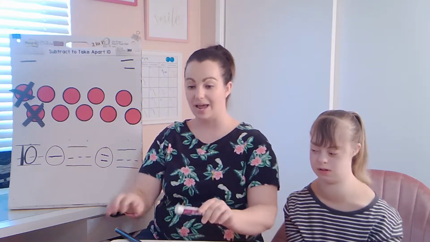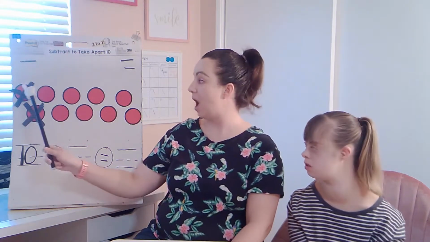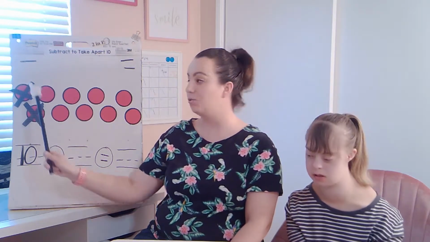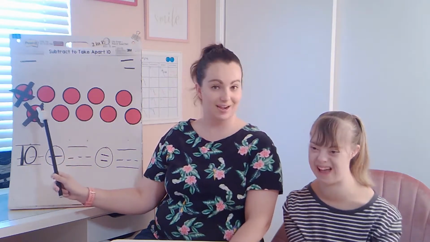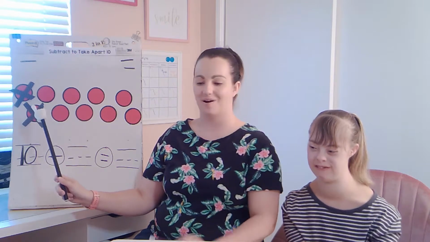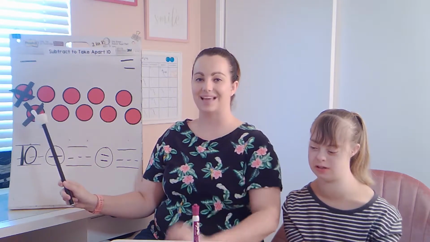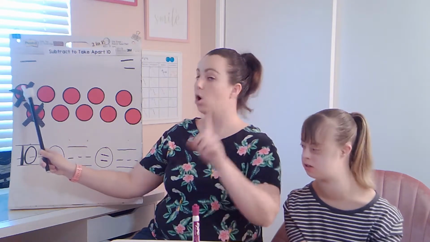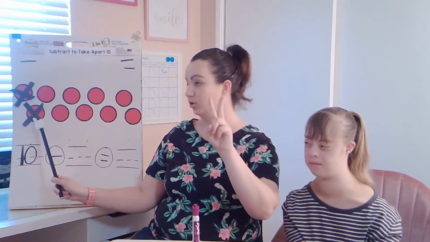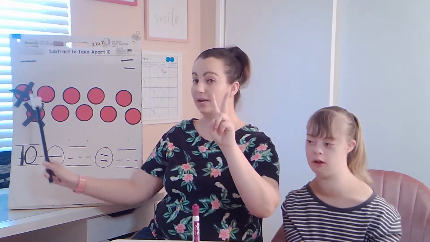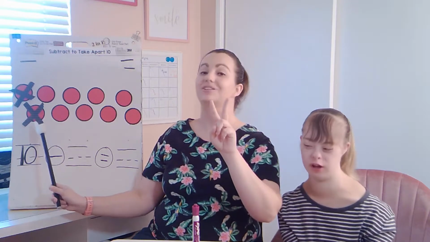So let's go ahead and we're going to count how many we're taking away. You're going to be ready to count those with me? Okay. Ready, set, count with me. 1, 2. Good. How many are we taking away? I take 2. 2. Thank you, Kaylee. If that's what you said at home, great job.